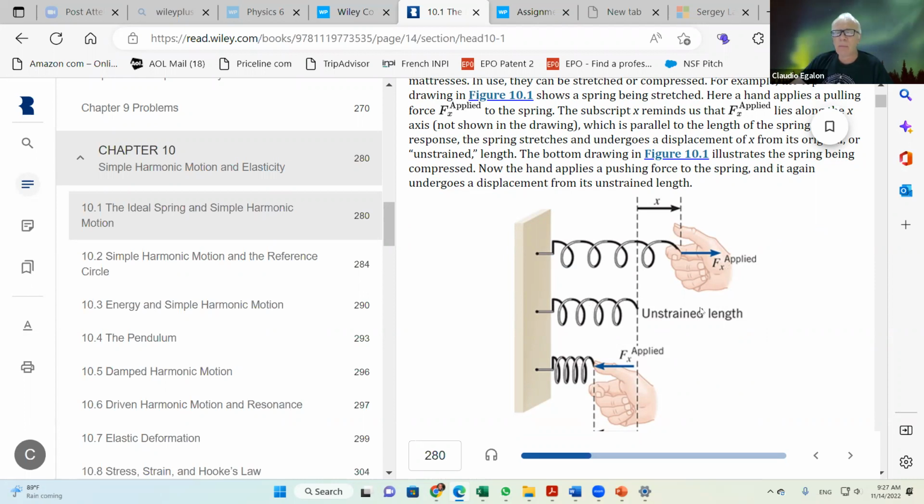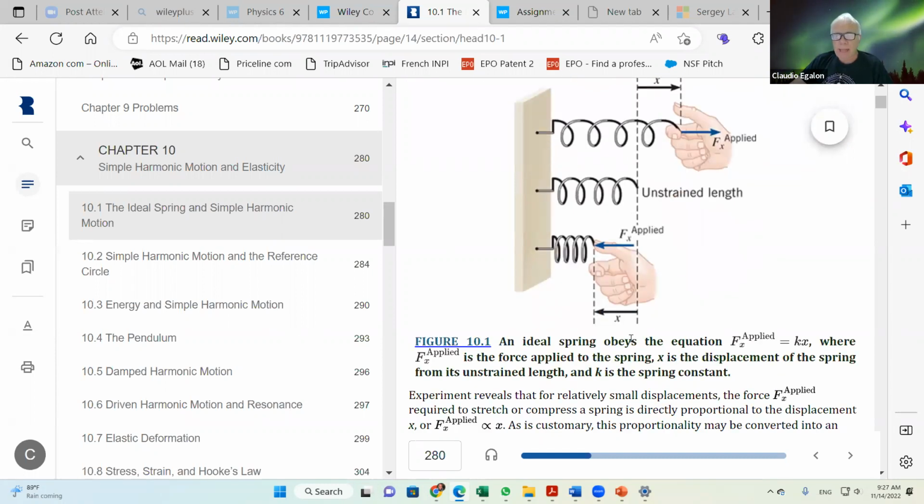I stretch the spring, I take it out from the position of equilibrium, and that is this force that the spring is applying on the hand of this guy, right? It's opposite to the force that the hand is applying. When you compress the spring, it is going to apply a force away, to the right.